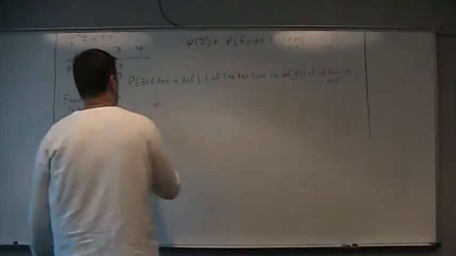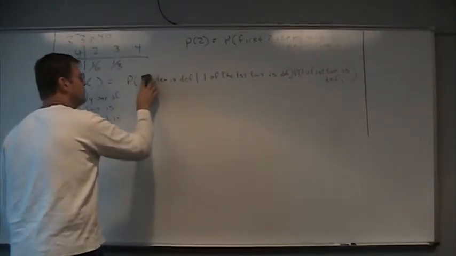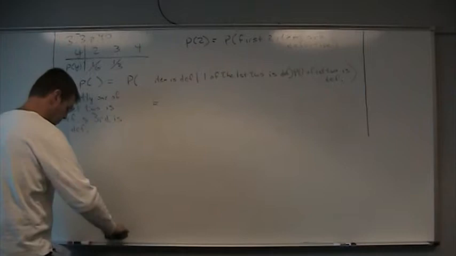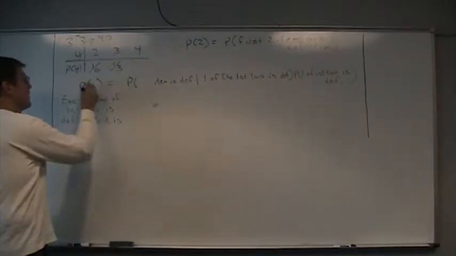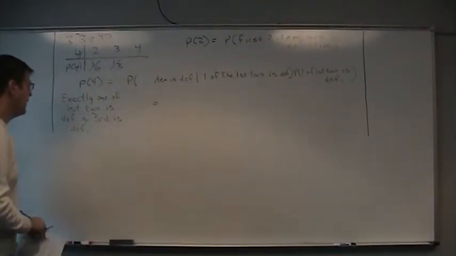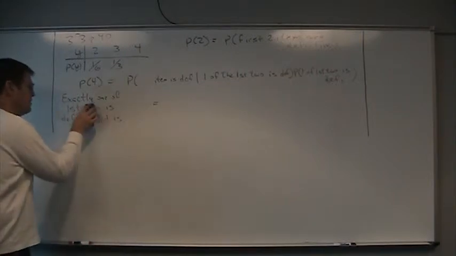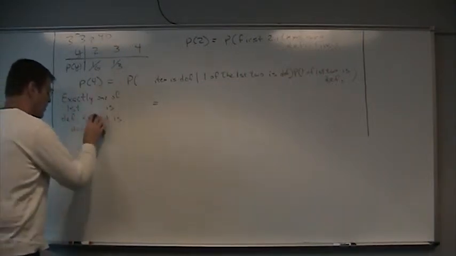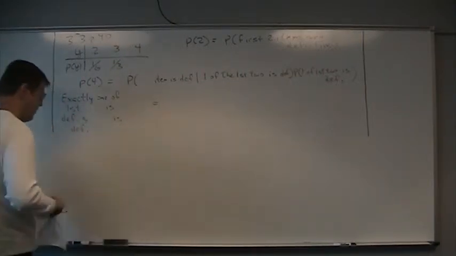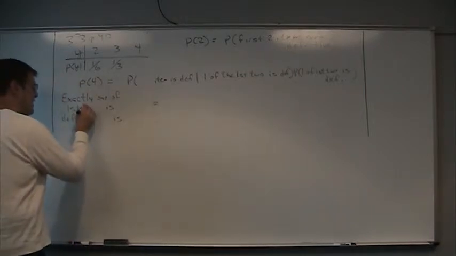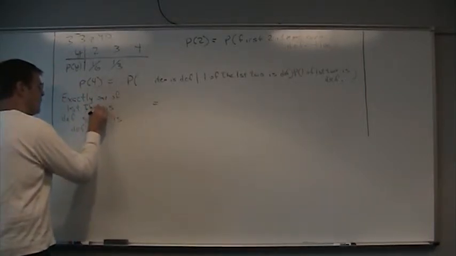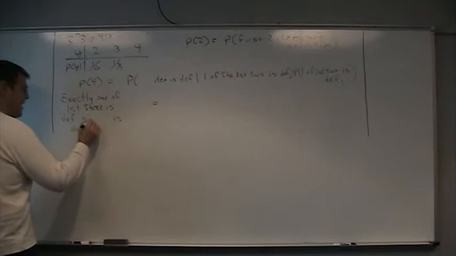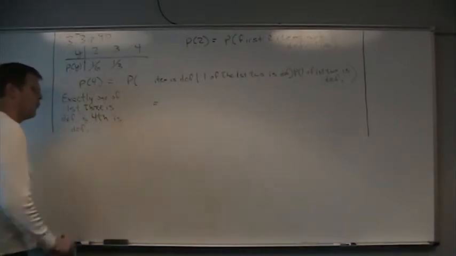So basically what we're looking at here for P of 4 is that exactly one of the first 3 is defective and the fourth is defective.